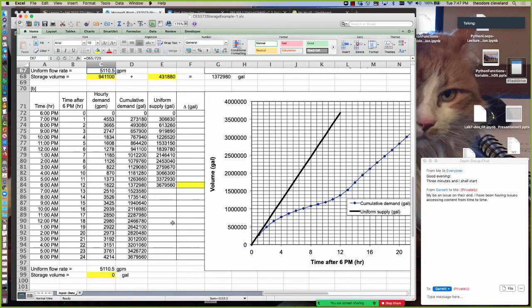And the last example, starting from 6 p.m. going to 6 a.m. Okay, 6 p.m. to 6 a.m. Good, this is the right picture. See, this is time after 6 p.m. in hours.